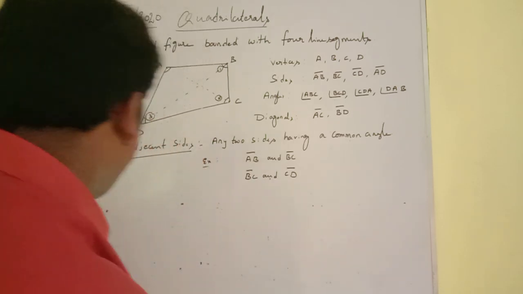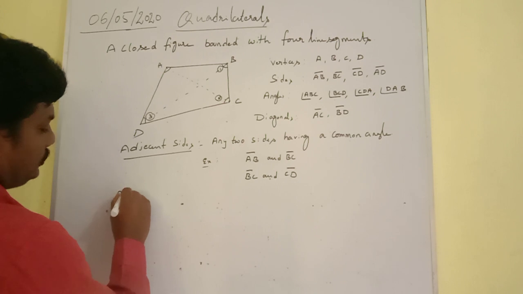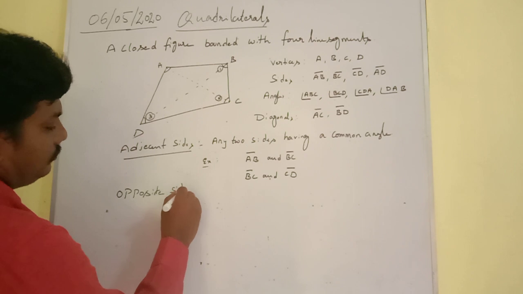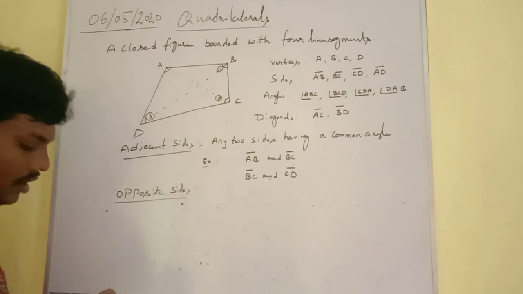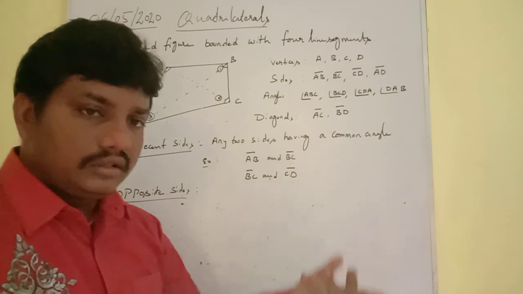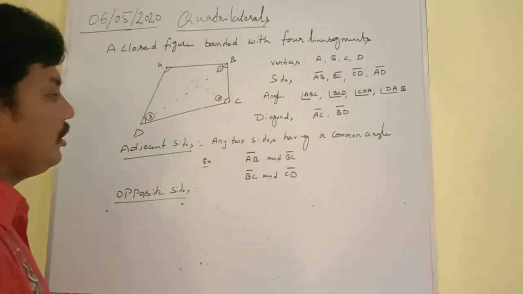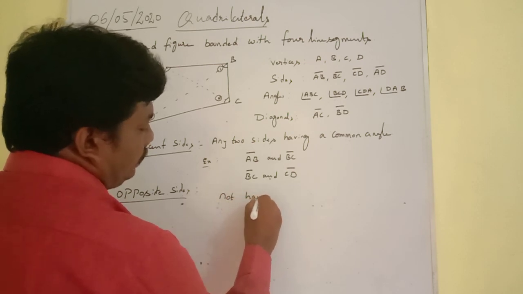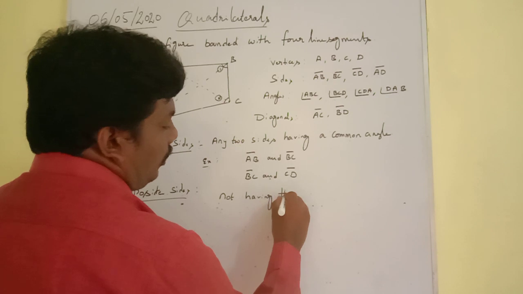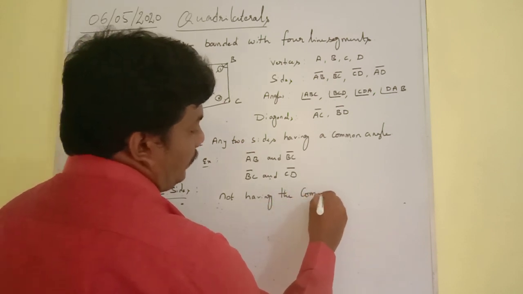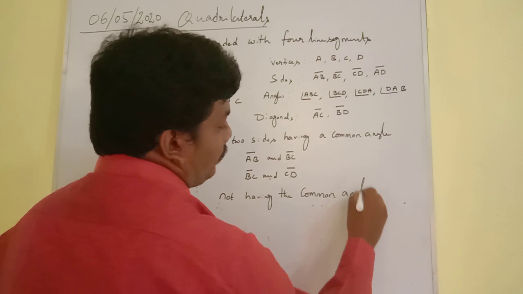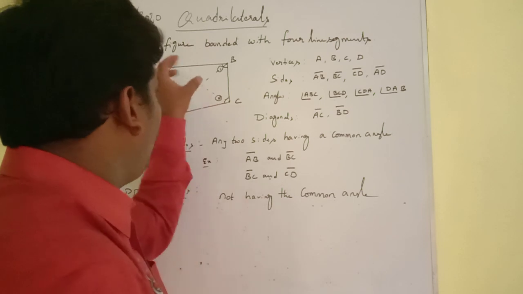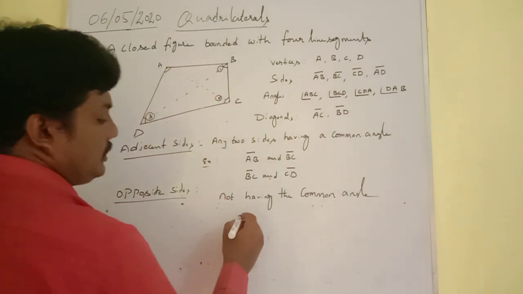Then coming to opposite sides. What are opposite sides? Any two sides not having a common angle are known as opposite sides of a quadrilateral. What are the opposite sides here?